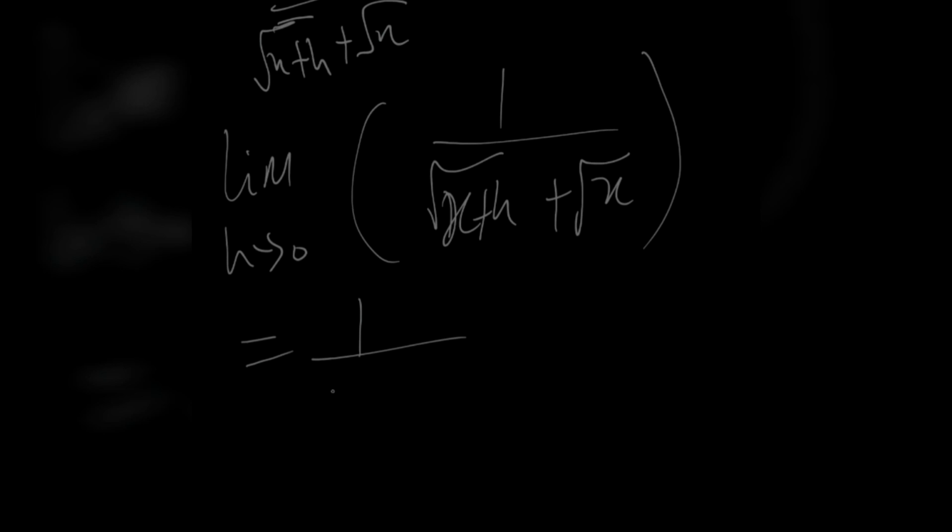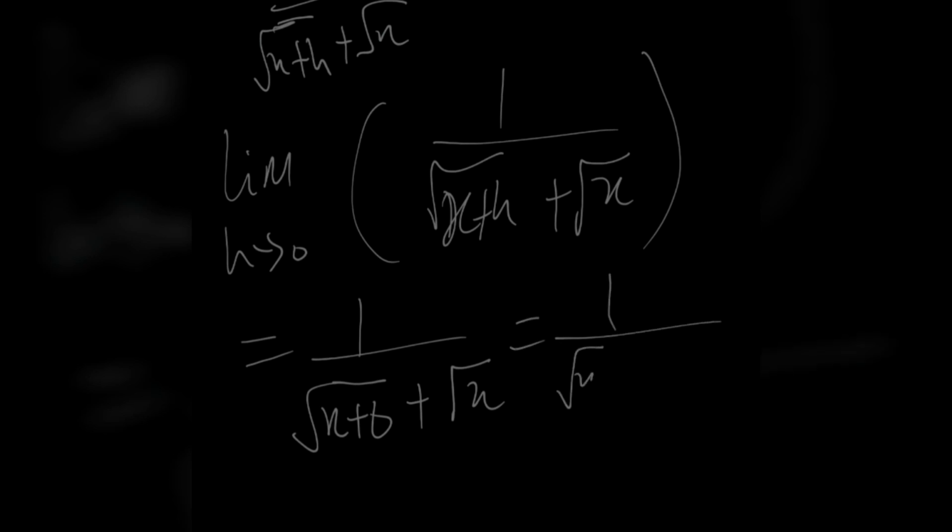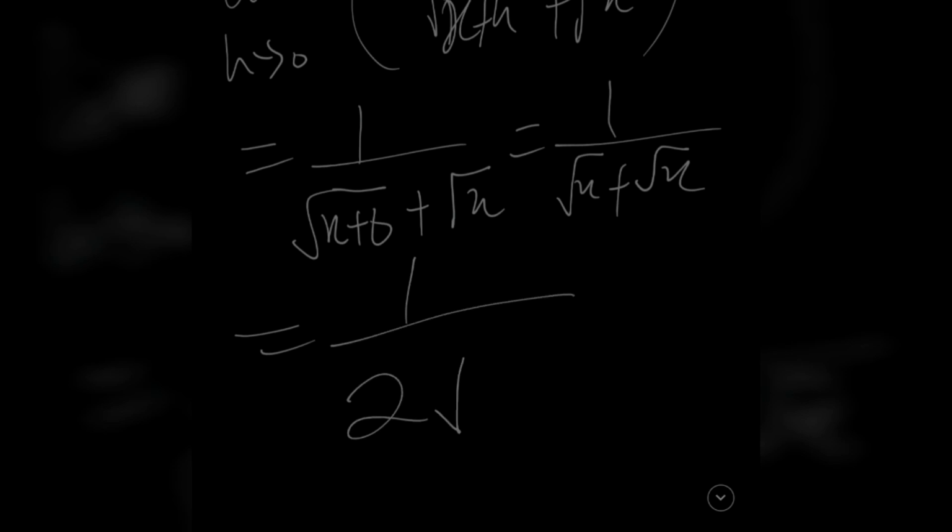Just replace h with 0, plus root x. That's going to give us 1 over root x plus root x, which will give us a final answer of 1 over 2 root x.